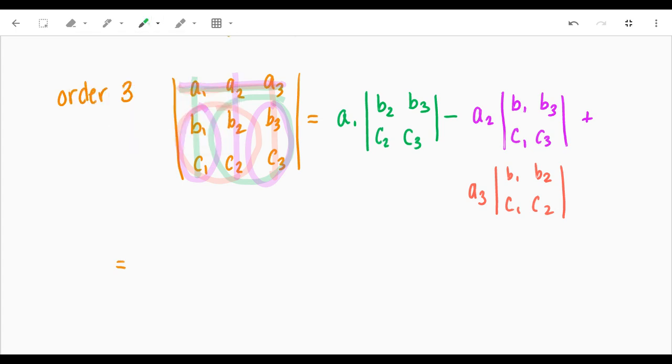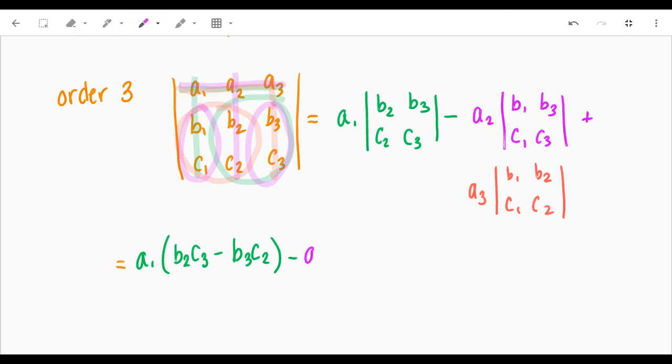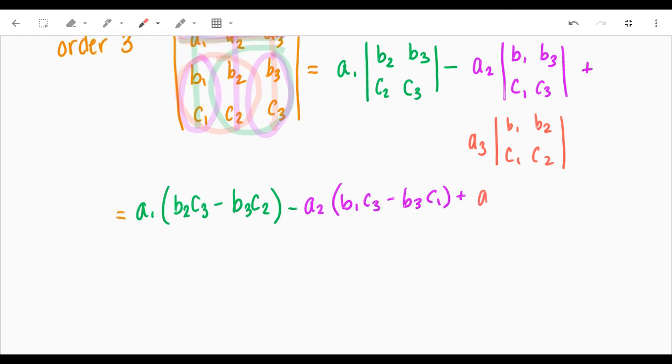We'll simplify it. So we'll have A1, and now we do a little 2 by 2. So then we do B2, C3 minus B3, C2, minus, now look at the purple part there, A2, B1, C3 minus B3, C1, plus A3 times B1, C2 minus B2, C1.